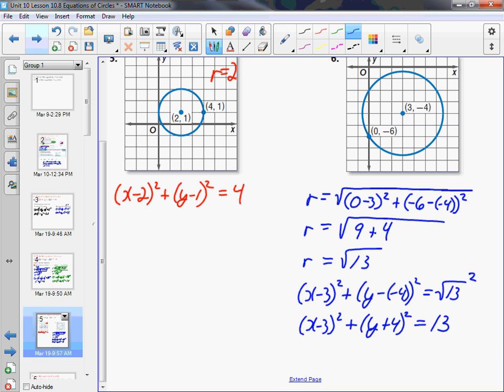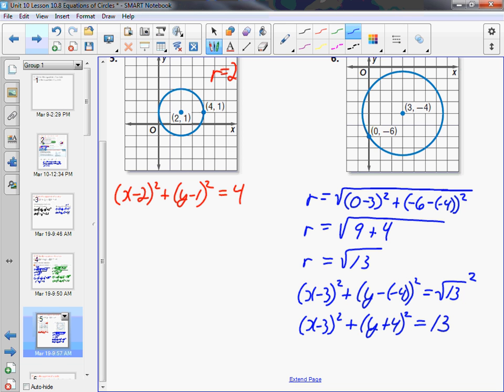And that's pretty much any way they're going to ask you to come up with an equation of a circle. As long as you know the coordinates of the center and the radius, you can write the equation. Every now and then they're going to make you do some work to get that information, but that's all you need. Any questions?